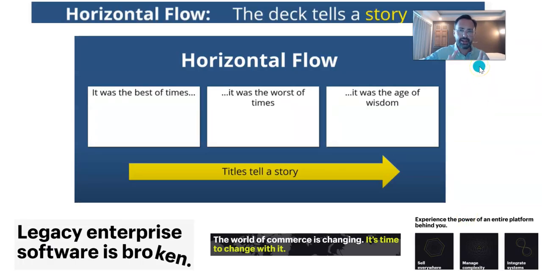Okay, so now let's talk about the horizontal flow. How do these various sections connect to each other? And we see this example here where perhaps your first section of slides might be, it was the best of times. And then your next cluster of slides might be, it was the worst of times. And then the third cluster is, it was the age of wisdom.